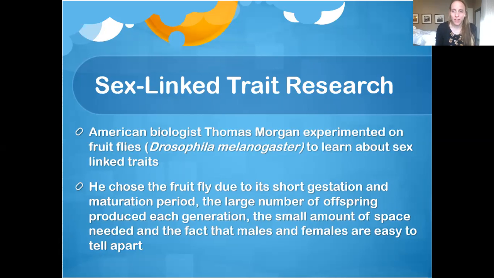They also produce a large number of offspring at once, and you obviously don't need a lot of space to store and experiment on the fruit flies. You can also tell the males and females apart really easily, which is important when you're doing any sex-based genetic research.